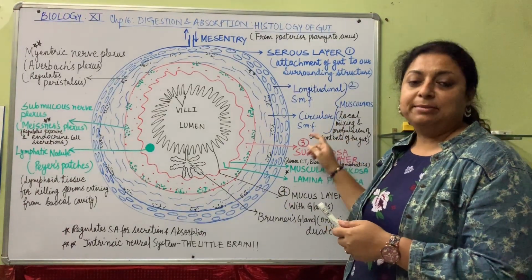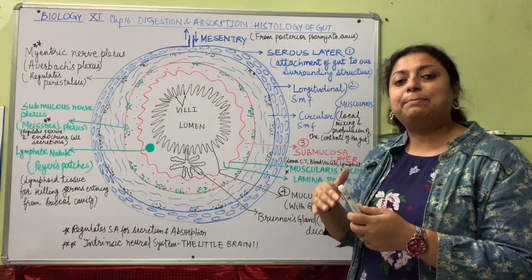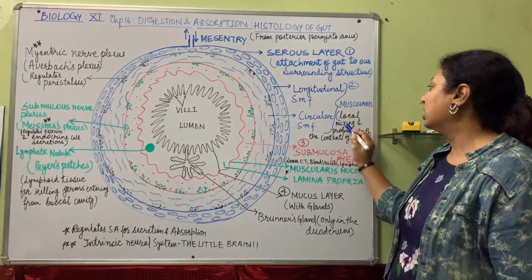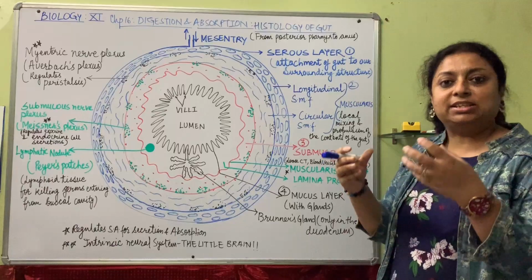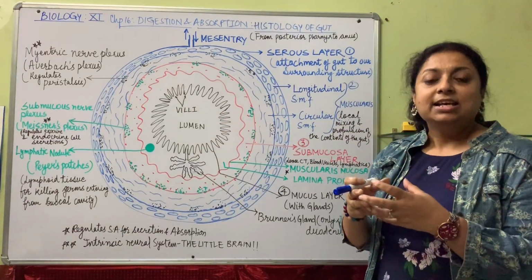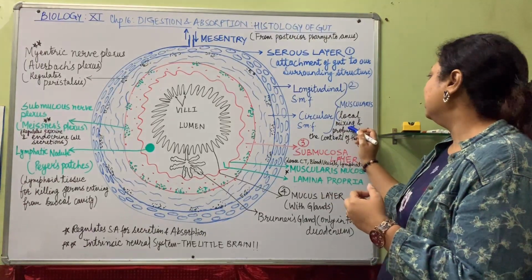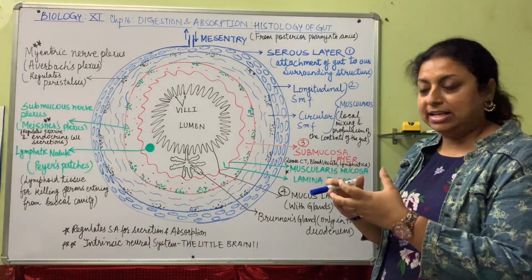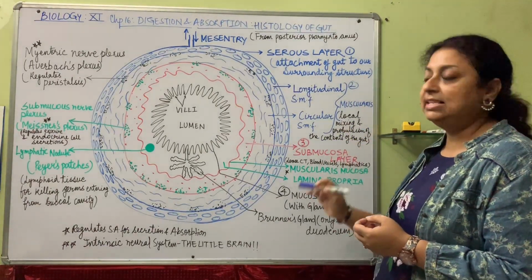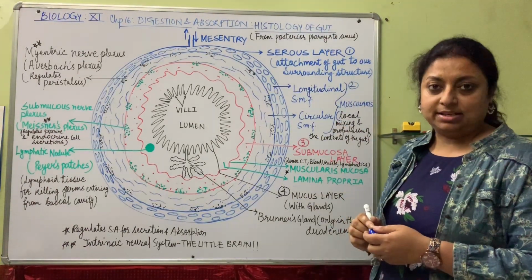Activities of both of them ensure the peristaltic movement of the contents, which also helps local mixing. Whatever secretions we see inside the lumen are mixed with the food content, and local mixing and propulsion of the contents of the gut is regulated by the muscularis.